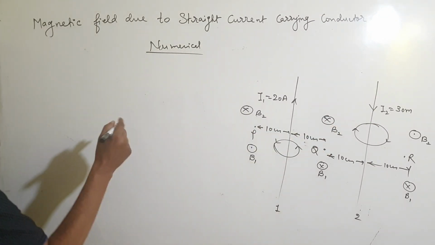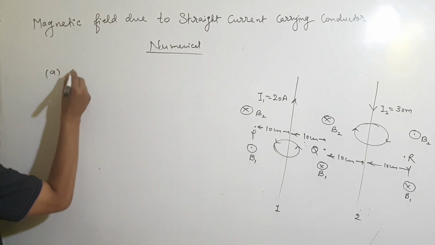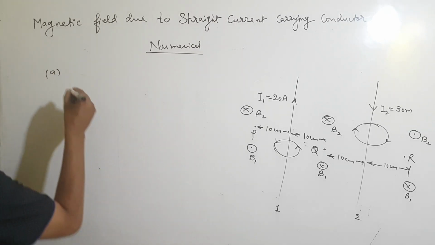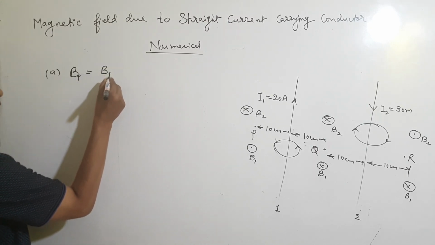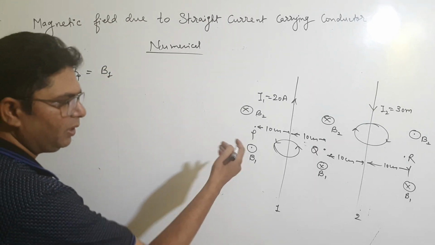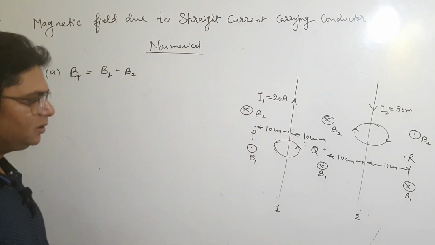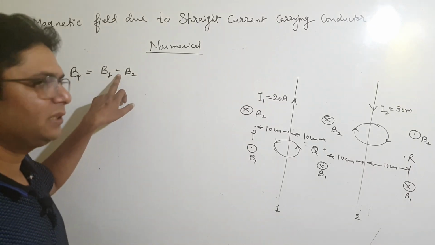Now let us find the magnetic field at point P, which is BP. So the magnetic field at point P is B1, which is coming outside, minus B2, which is going inside. Since these two magnetic fields are opposite in direction, I am taking the minus sign.